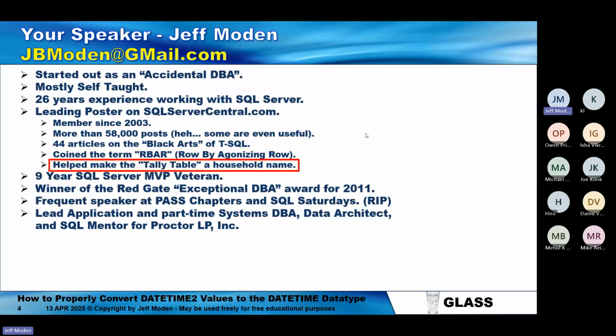I also helped make the tally table a household name. You might know it as a numbers table. And Itzik Ben-Gan came out with his GetNums function, which is cascading CTEs, and that's my name for what he's done. And I came out with an fnTally function.